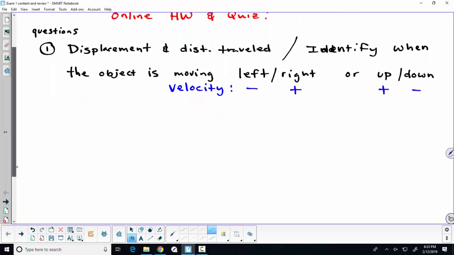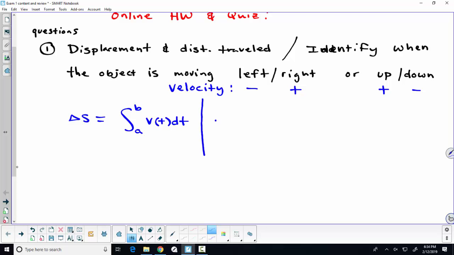So how do we define displacement? Do you remember? The net area. The net area on what function? The velocity function. So the displacement is the net area, the integral from A to B of the velocity function. The distance traveled was what?